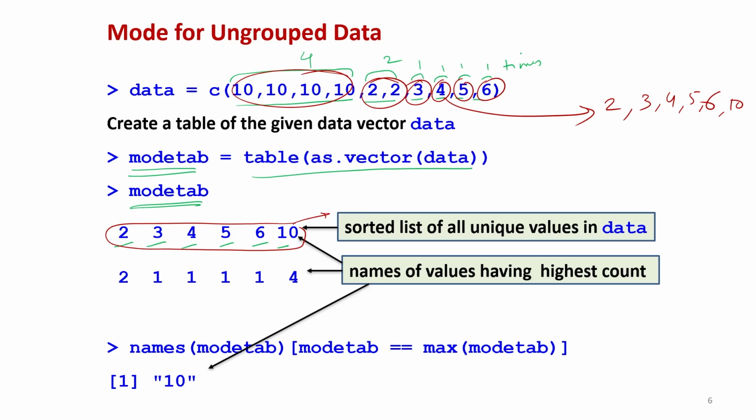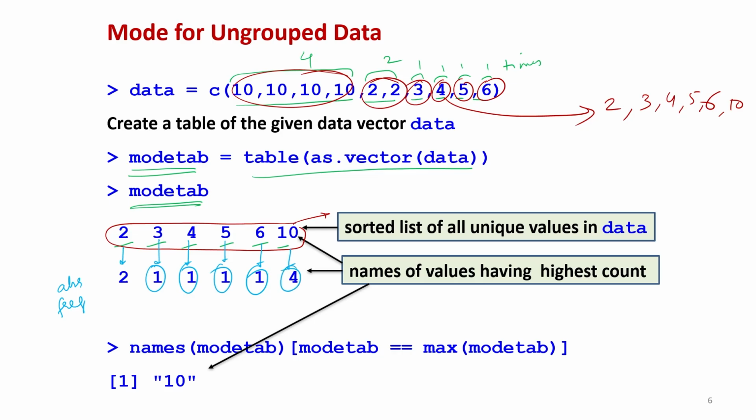After that, the absolute frequencies of these values are given. For example, 2 is occurring 2 times, 3 is occurring 1 time, 4 is occurring 1 time, 5 is occurring 1 time, 6 is occurring 1 time and 10 is occurring 4 times.